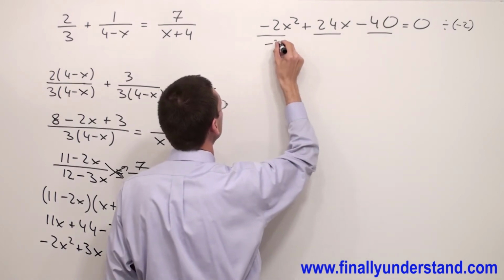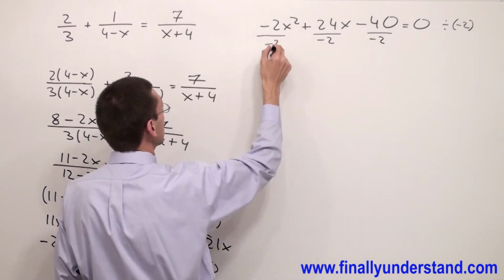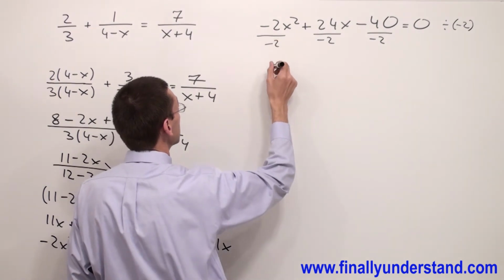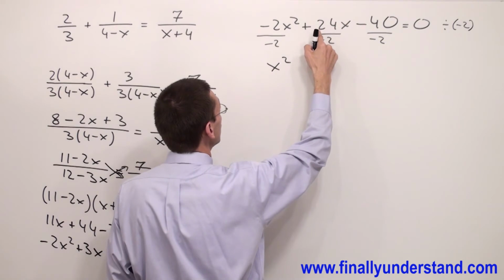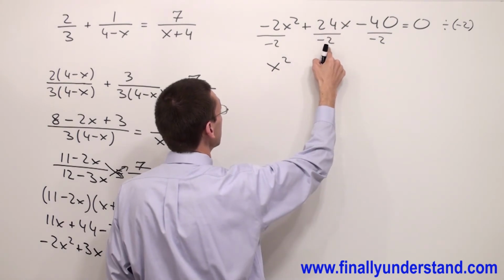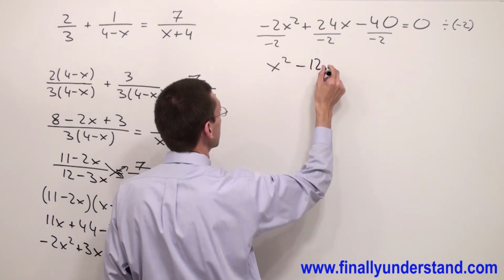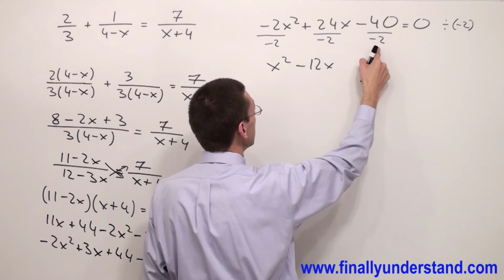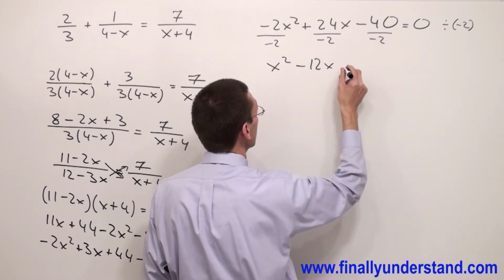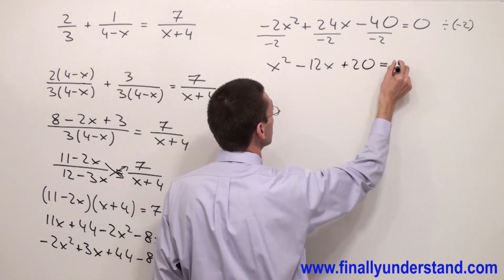So I have negative 2, negative 2, negative 2. Okay, so I'm going to have negative 2 divided by negative 2 is x squared. And I have 24 divided by negative 2 is equal to negative 12, in this case I'm going to have x. Negative 40 divided by negative 2 is equal to 20. Equals 0.